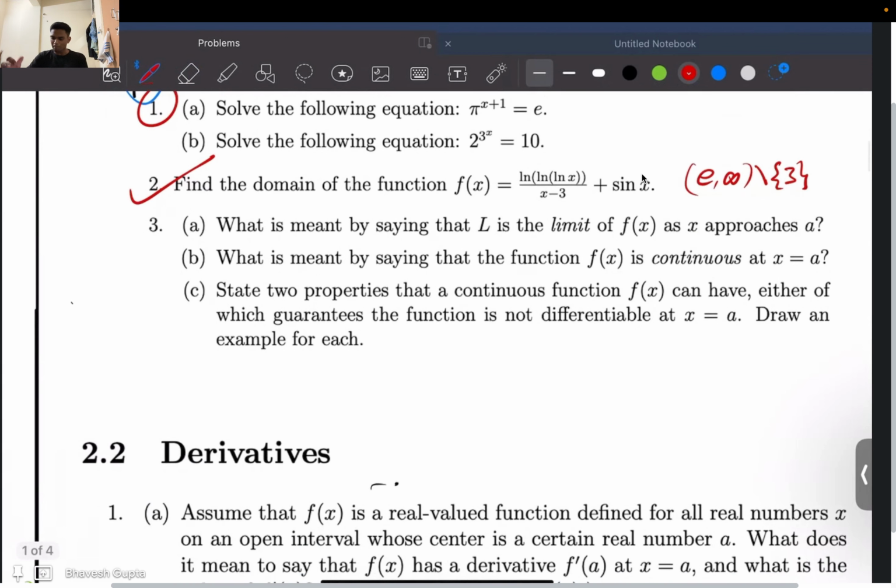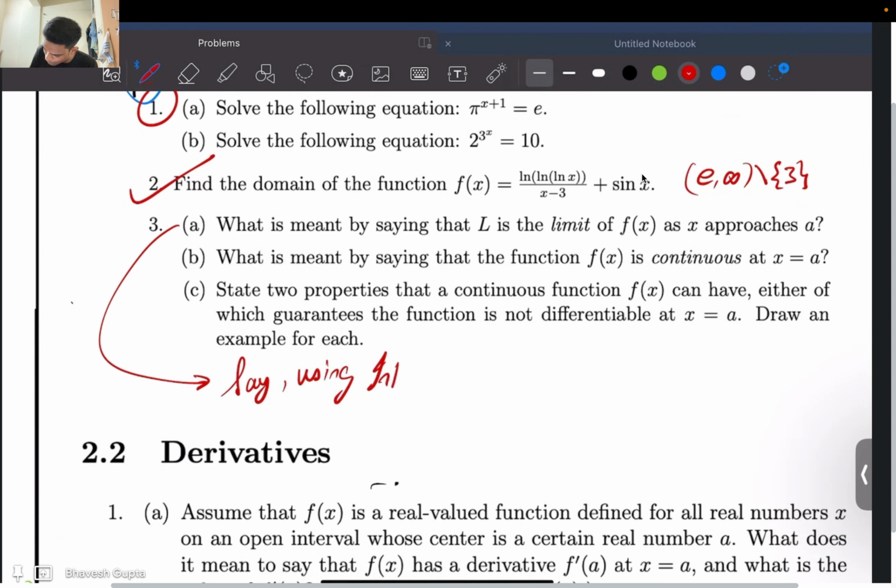What is meant by saying that L is the limit of a function as x approaches a? See, that is the definition. So this can be redefined, say this using intervals.